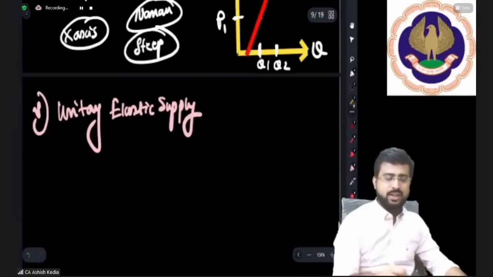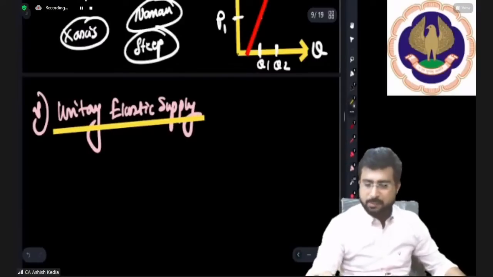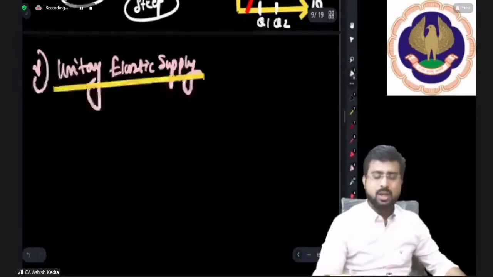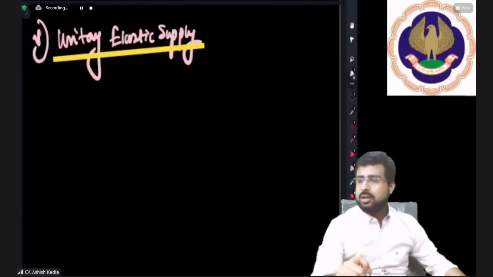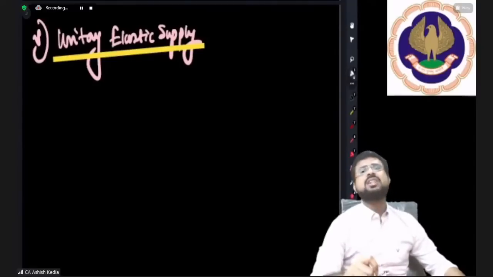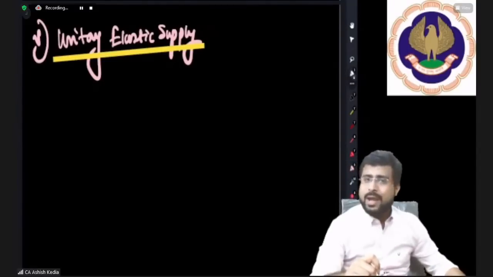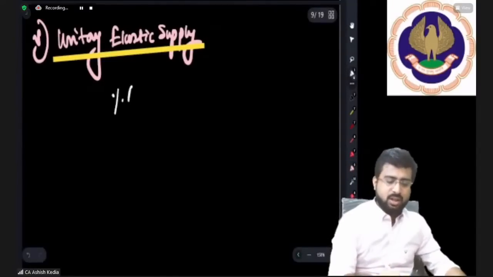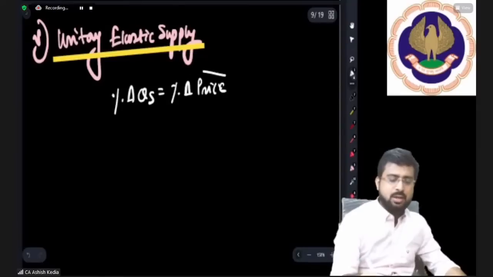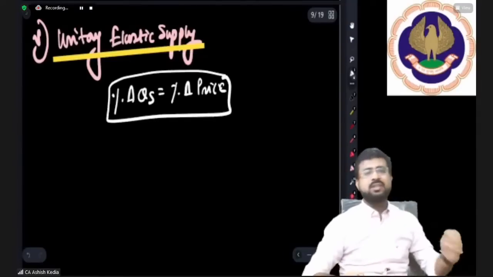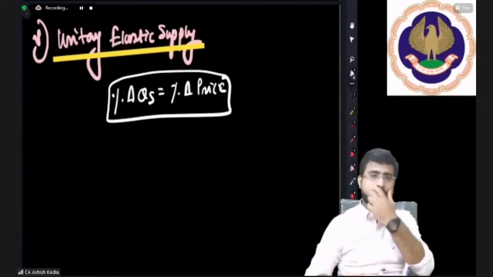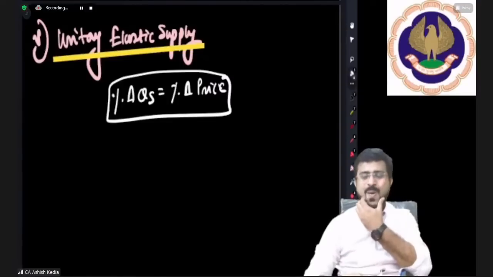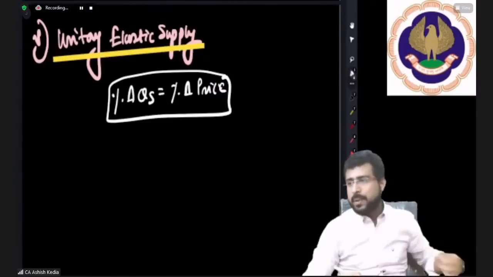Unitary elastic supply is a situation where the percentage change in quantity supplied is equal to the percentage change in price.